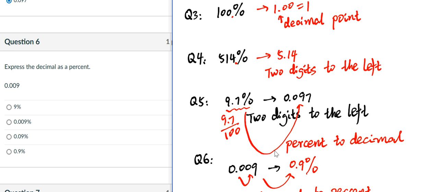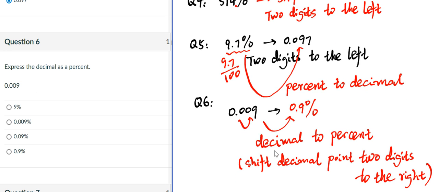From decimal to percent, you shift the decimal point 2 digits to the right. So from here it goes to here.